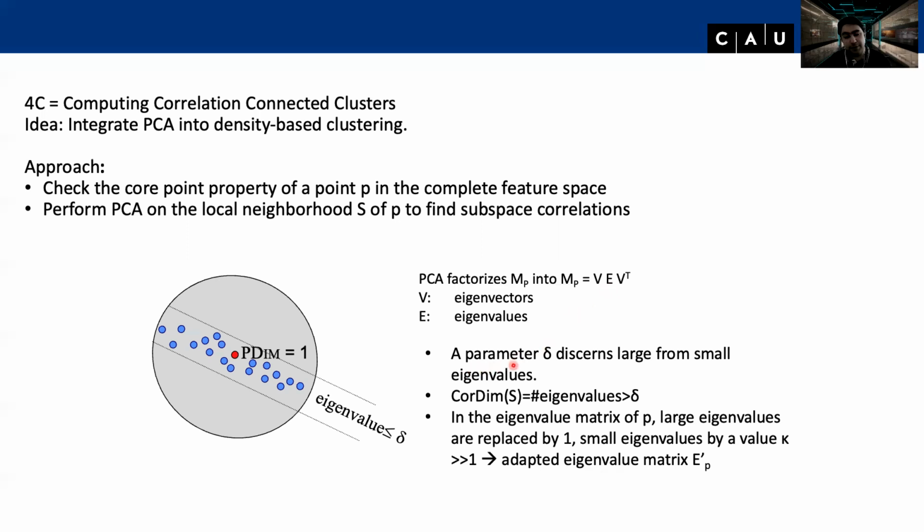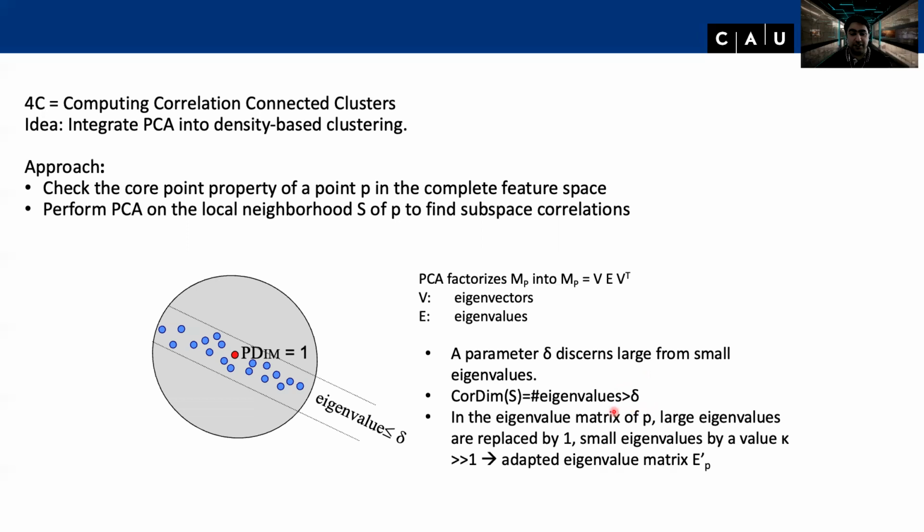4C comes with a parameter delta, which discerns large from small eigenvalues, so you can consider it as a sort of separator. So to speak, the correlation dimensionality of a local neighborhood: if we look at a local neighborhood around this object P, it should have a number of eigenvalues greater than delta.